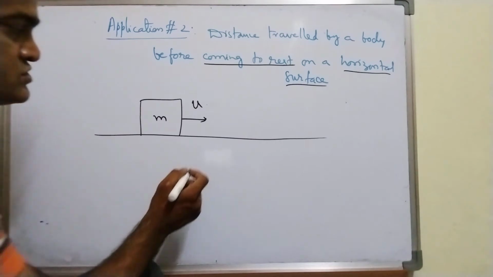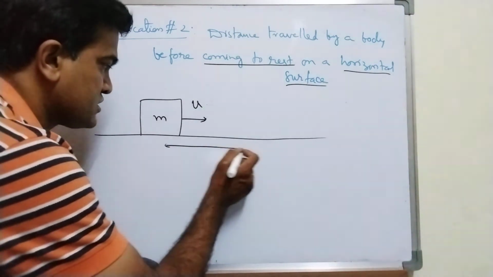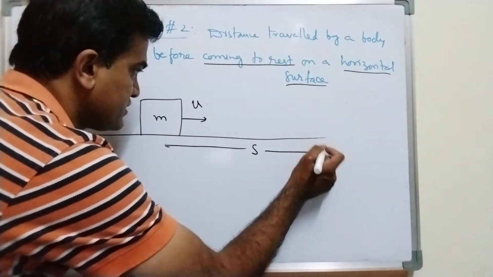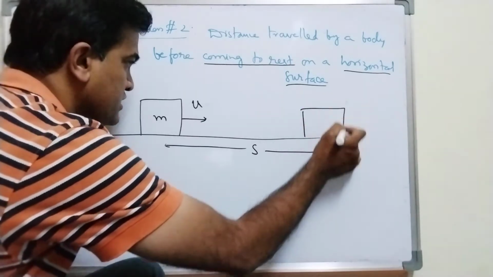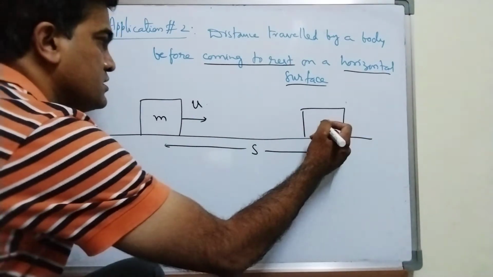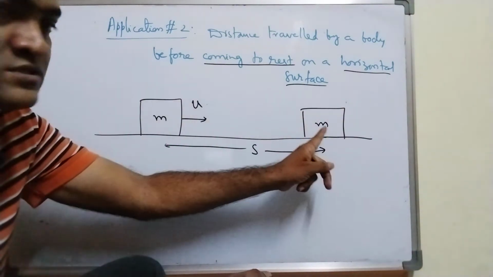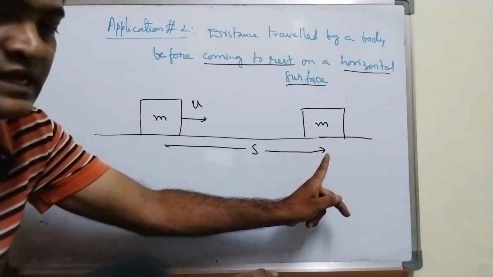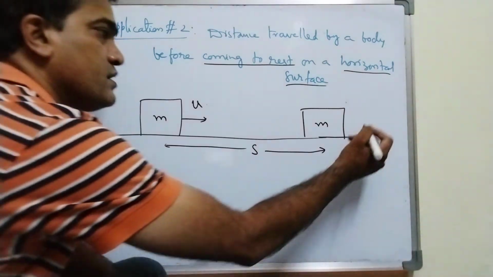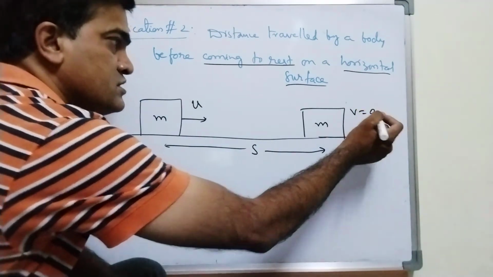It has traveled a distance s. After traveling a distance s, it has come to rest. How many bodies are there? Only one body. The same body has come to rest after traveling a distance s, because the velocity is 0.